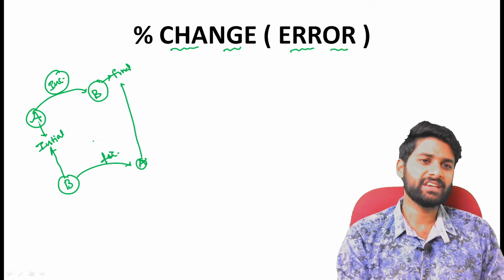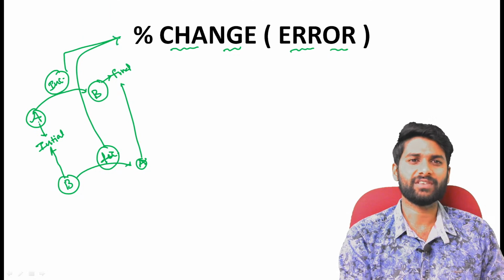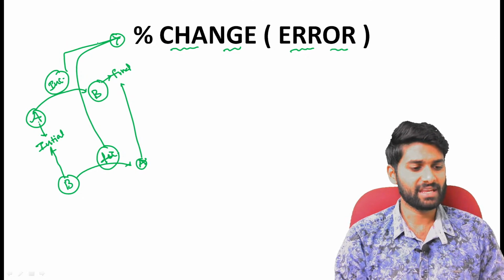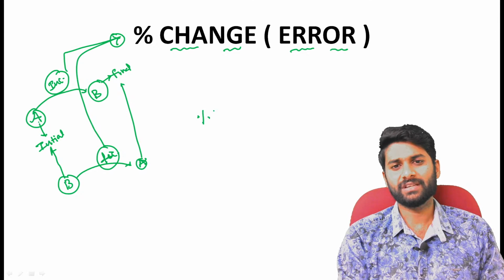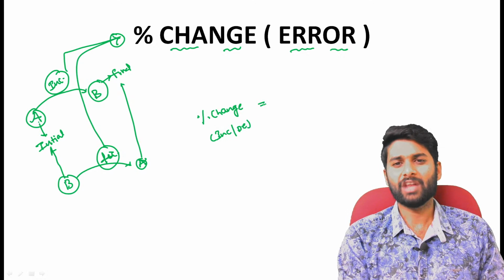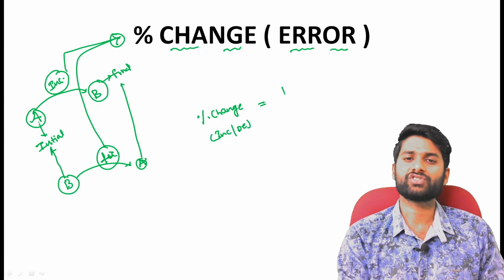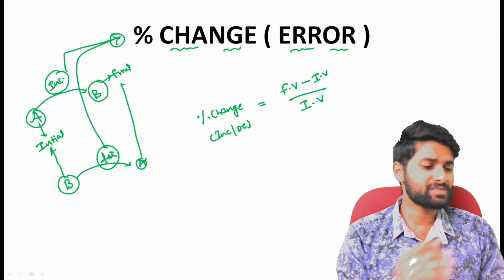Either the value increases or decreases, the term is related to change. So change can indicate either the value increases or decreases. That's why percentage of change can indicate either increase or decrease. So the value of the percentage is based on final value minus initial value. The denominator is always the comparison.